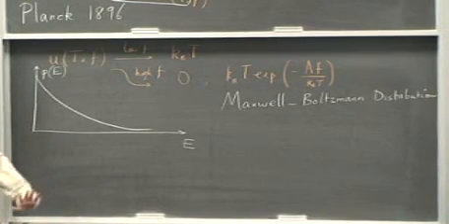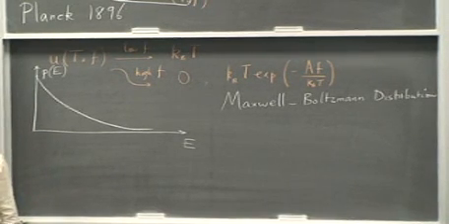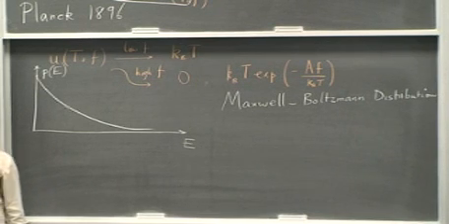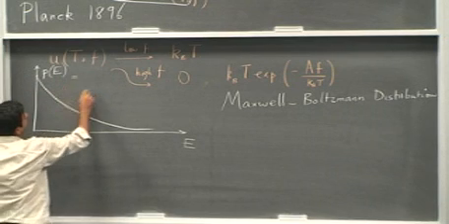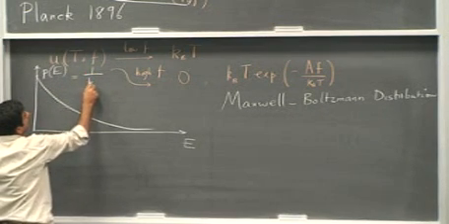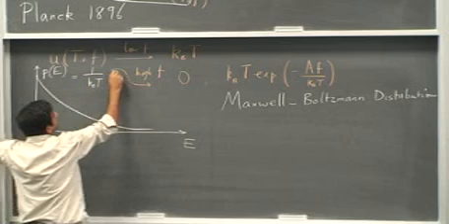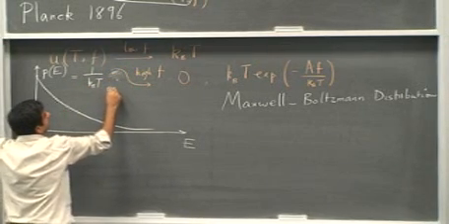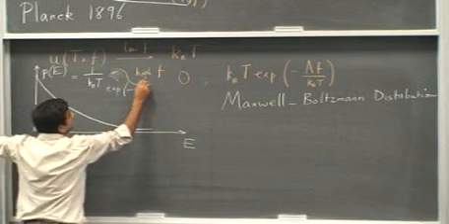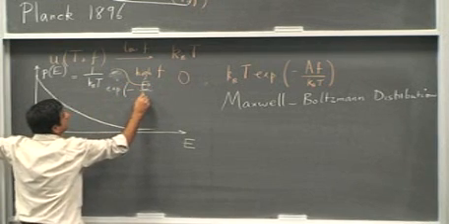That's totally classical result. ठीक है? And this P(E), the Boltzmann distribution says that this P(E) is 1 over kBT exponent minus E over kBT.